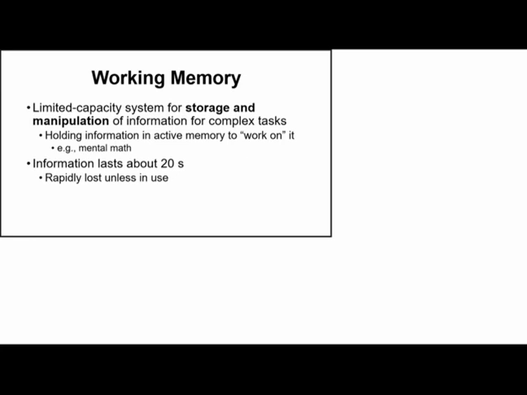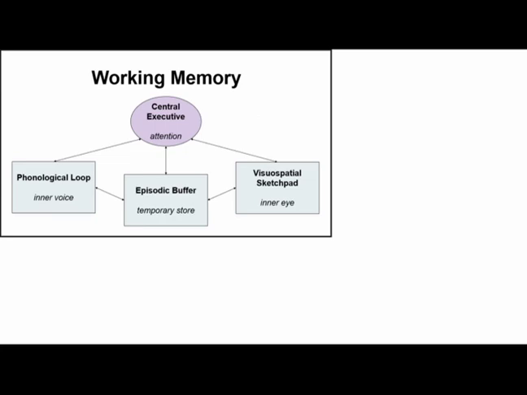And the restrictions on our working memory are pretty much the same, because short-term and working memory are all under that same umbrella of immediate memory. So, a 20-second duration and about a digit span of 7 plus or minus 2. So all that information is still the same. But when we're talking about our working memory, we can actually go into a little bit more detail on what processes are happening.